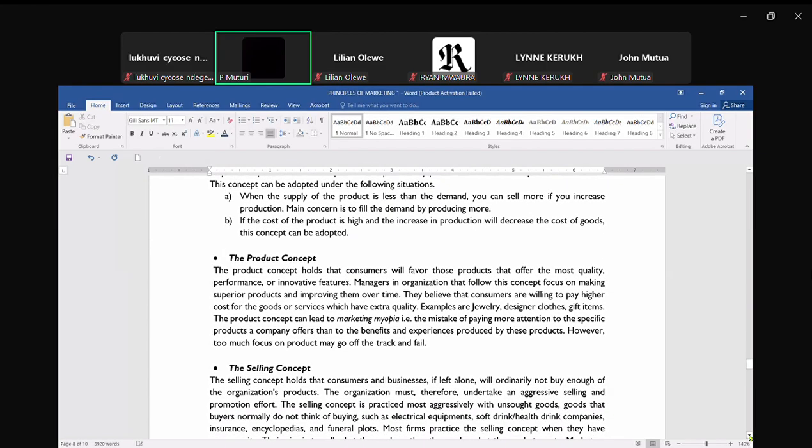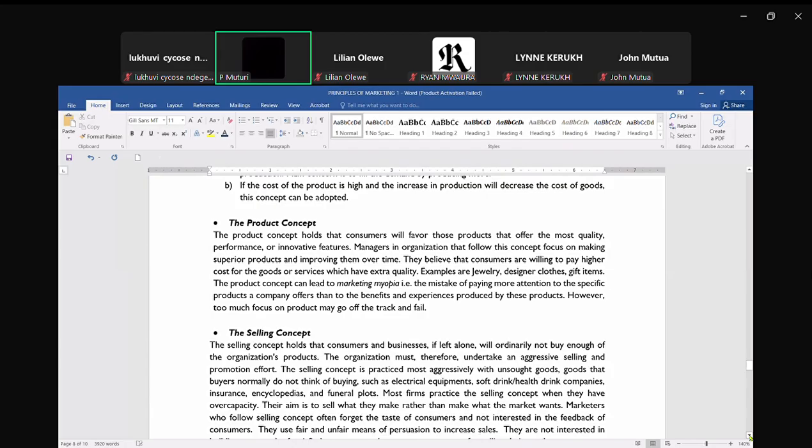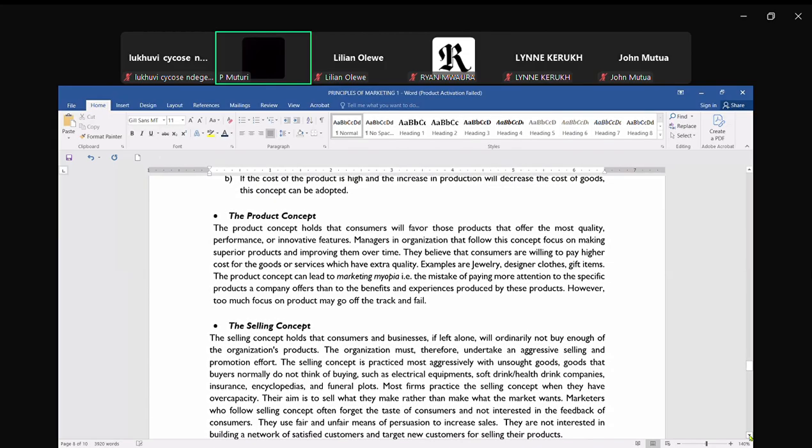The next orientation or philosophy of marketing is the product concept. Now, this one went a notch higher. It holds that consumers will favor those products that offer the most quality. So it's the opposite of the production concept. This one emphasizes product quality, product performance, and innovative features.